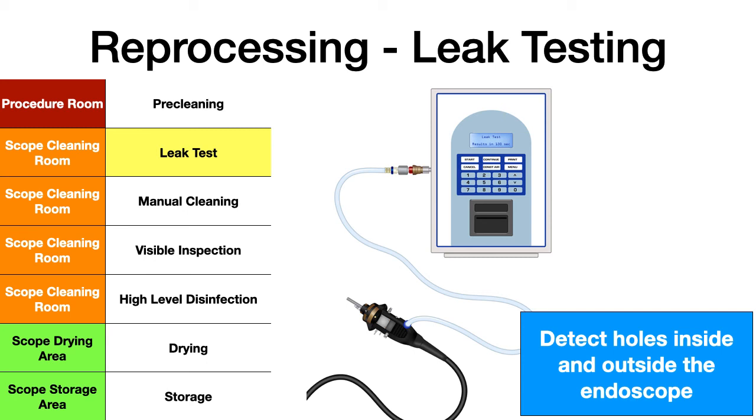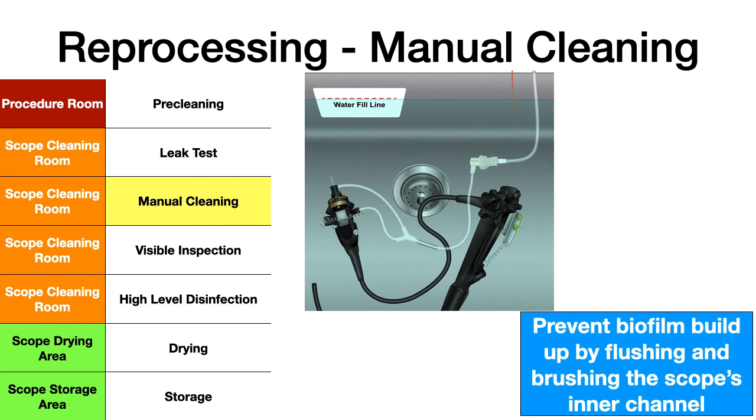If there are no leaks, you go to the manual cleaning, which prevents biofilm buildup by flushing and brushing the scope's inner channels. Manual cleaning is an art, and if you do it right, you save a lot of people from getting infected.